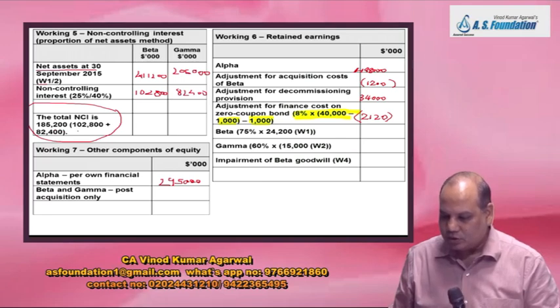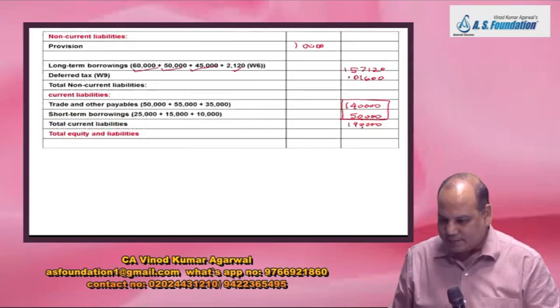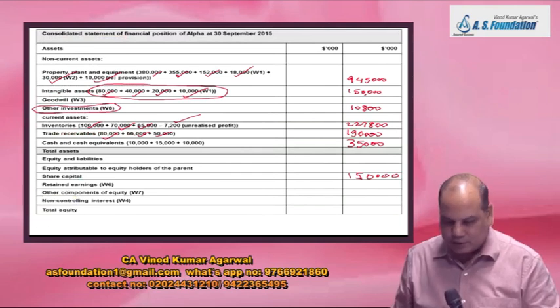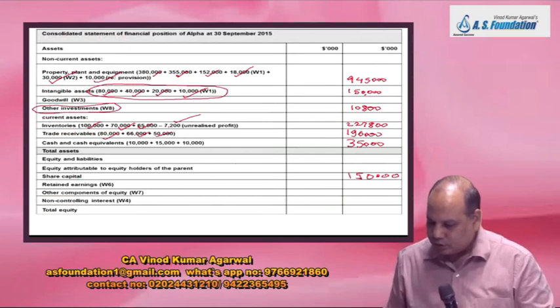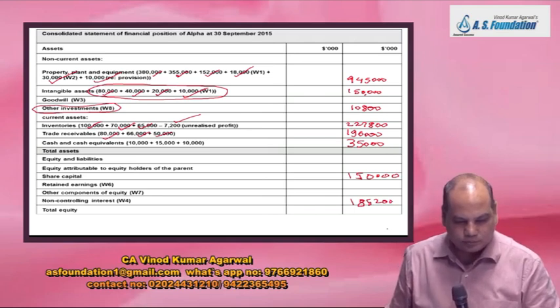This figure you lock. This you write in balance sheet. In balance sheet, where is NCI? Here. And how much is the total? You said 185,200. NCI is over. 185,200. Okay.